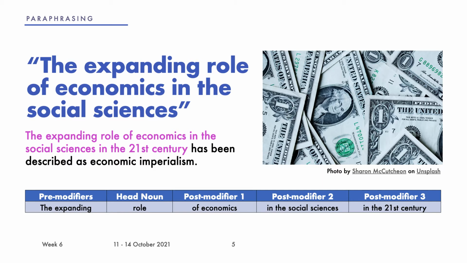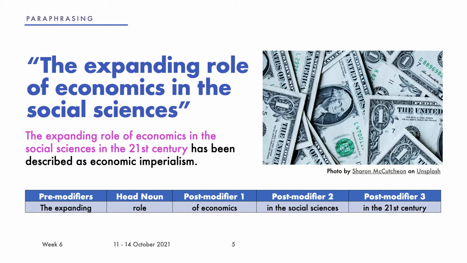So we have to look at the main noun first. So the first word or the first noun that you see in the noun phrase would be role. And that would naturally be what we call the main noun or head noun. And expanding would be regarded as an adjective, okay, following the definite article the. So the expanding would be the premodifiers.